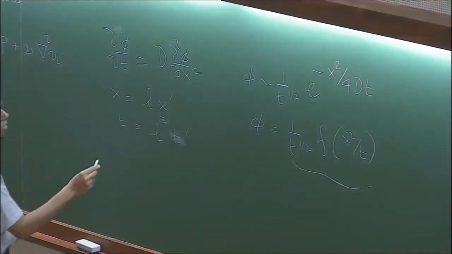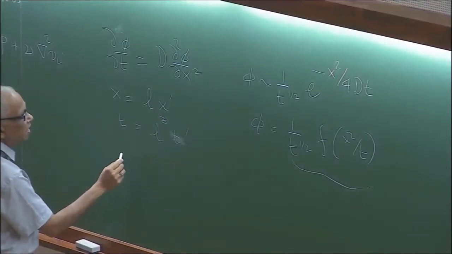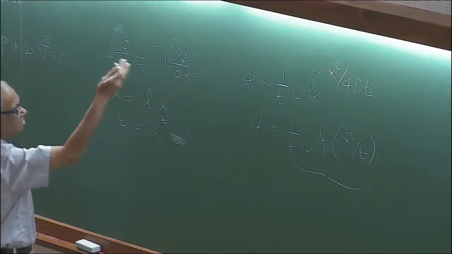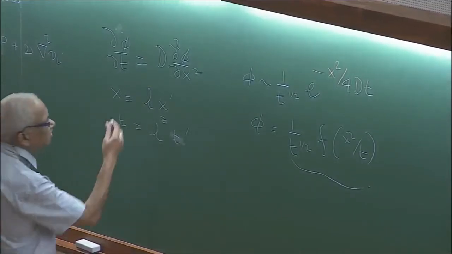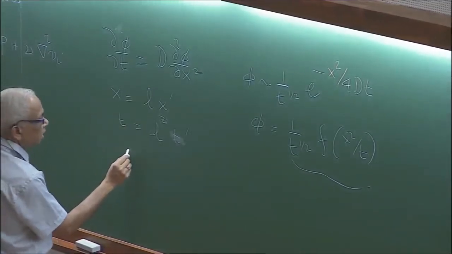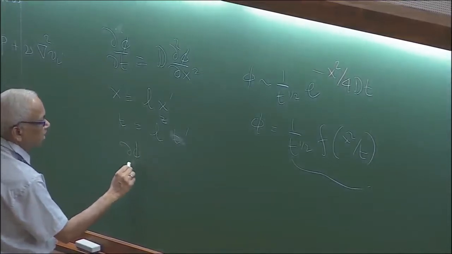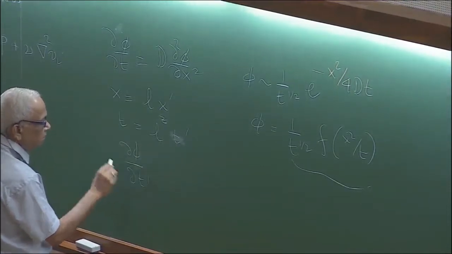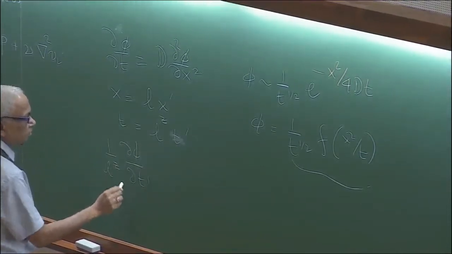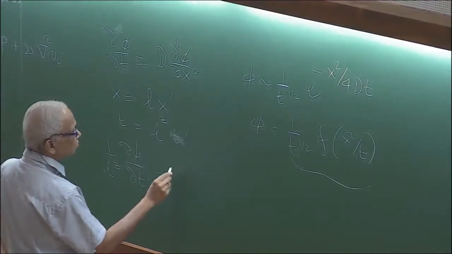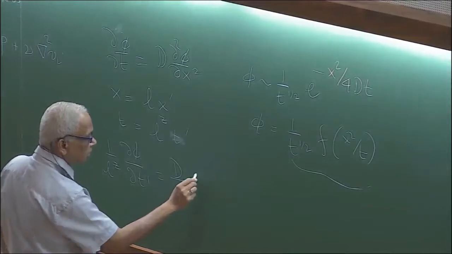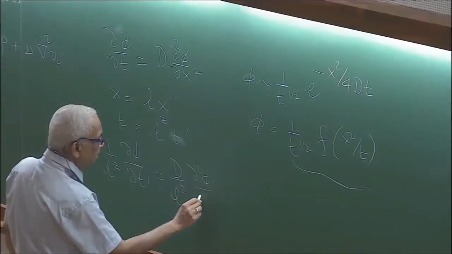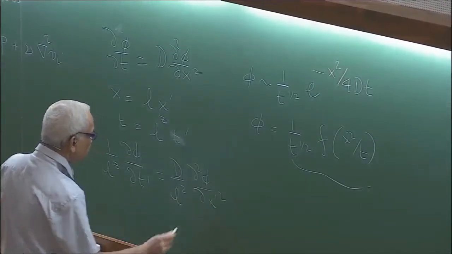Put this back over here. I don't bother about phi, because it's a linear equation, whatever scale factor phi has will cancel out. So it is ∂φ/∂t prime times 1 over L to the power z equals D over L squared ∂²φ/∂x prime squared.